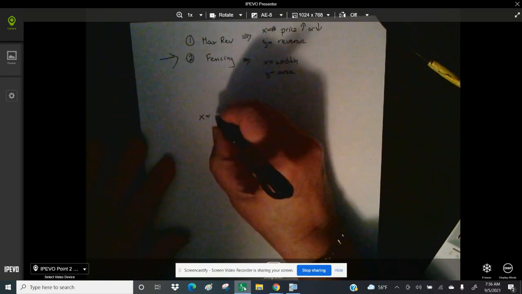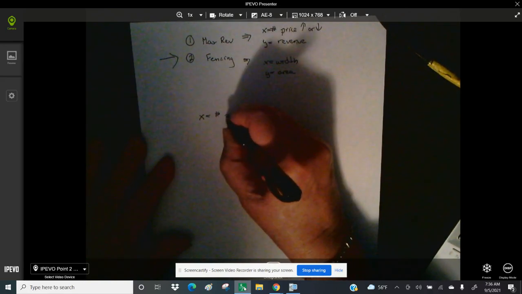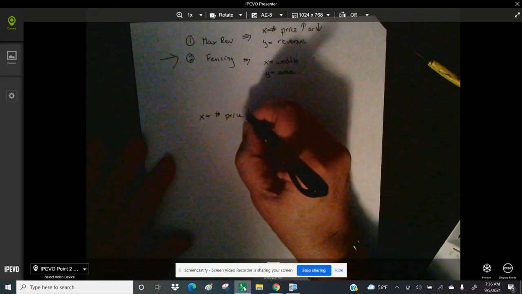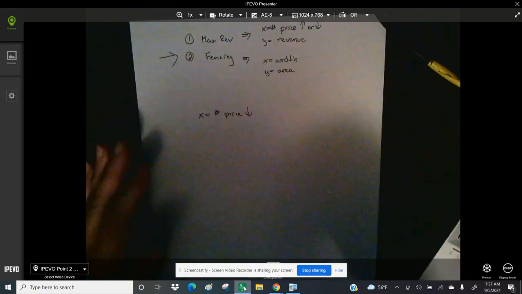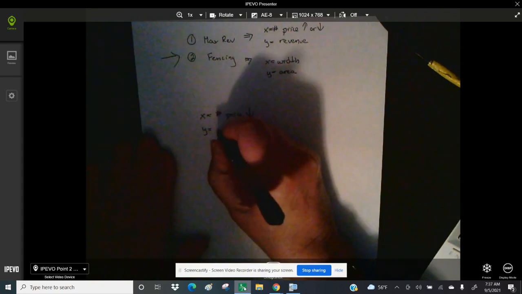So we're going to say x equals the number of price decreases. We don't know if he's going to decrease his price by $5 or by $10 or by $15. So we don't know how many price decreases is going to maximize his profit, but that's what we're going to set x equal to. And y is going to equal the total revenue.